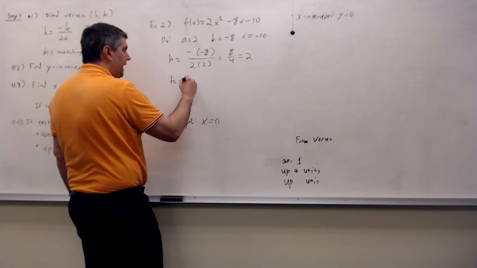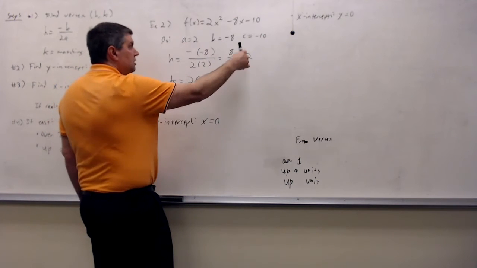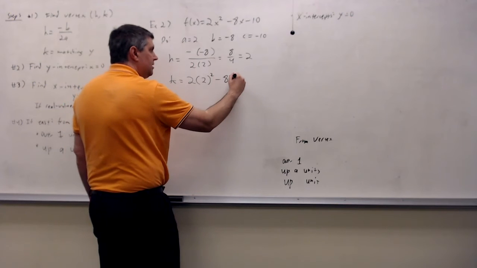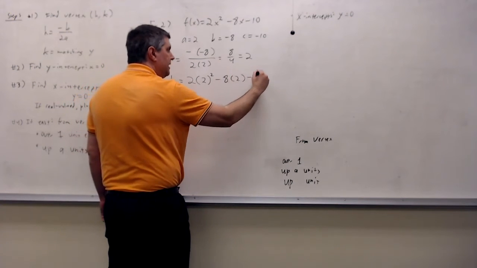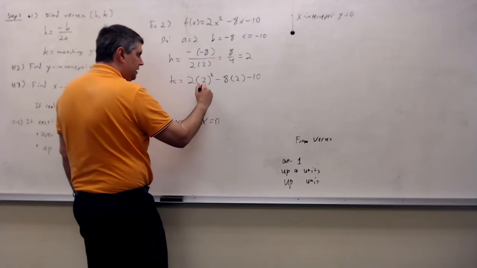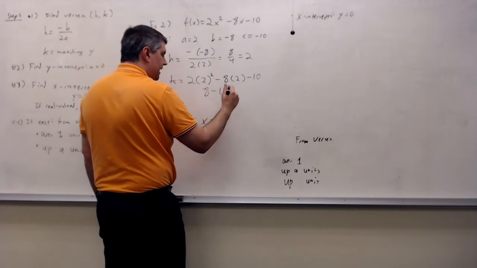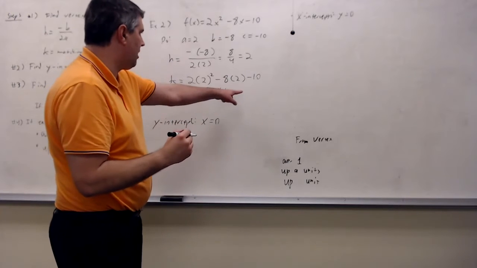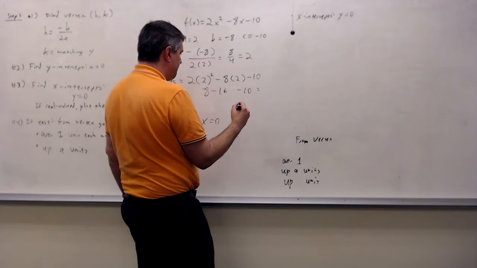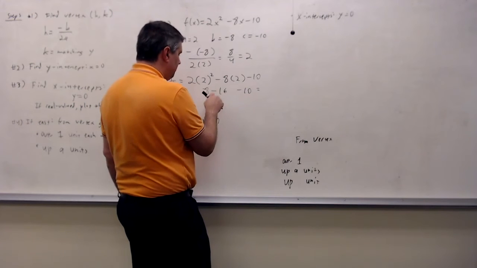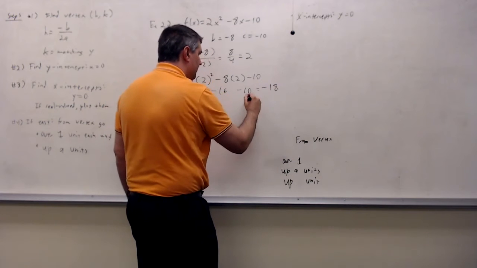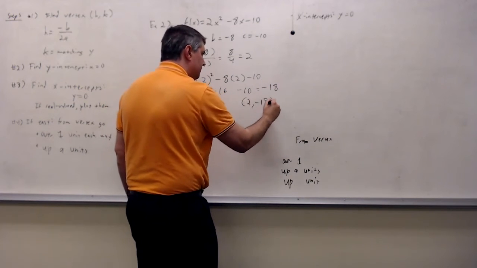So k will be 2 times 2 squared minus 8 times 2 minus 10. 2 squared is 4 times 2 is 8. 8 minus 16 is negative 8. Negative 8 minus 10 is negative 18. So my vertex is 2, negative 18.